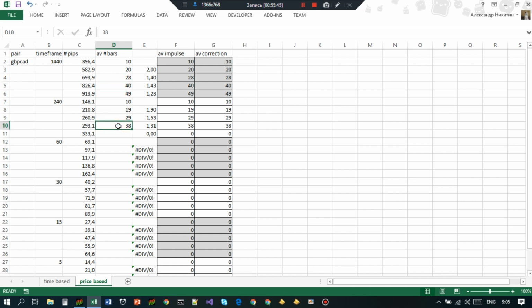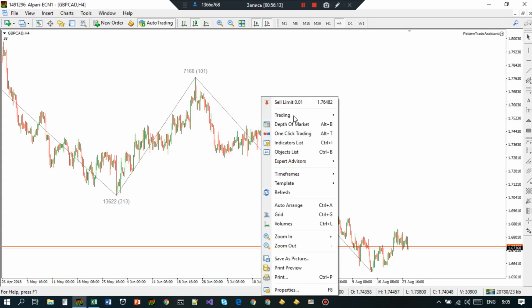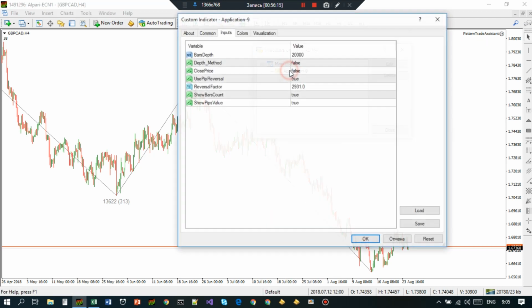Okay, guys, it looks like a pattern. So we should have 10 bars, somewhere around 19 to 20 bars, 28 to 29 bars, 38 to 40. It looks like a pattern. Some combination. 33.1. If you go here to use that, 33.1.